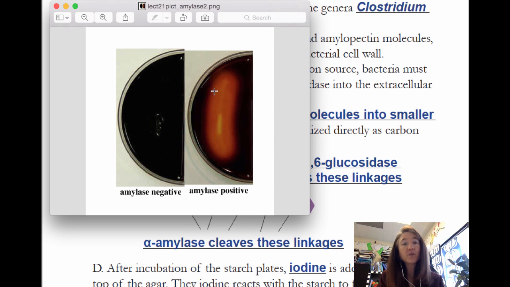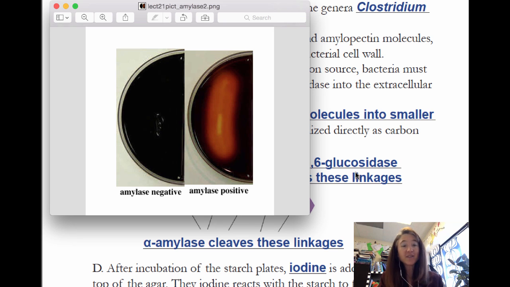And then either put your plate onto the overhead so that you can see the halo or hold it up to the light, and you'll begin to notice that if it's amylase positive, there's this beautiful light, almost yellowy brown halo that surrounds the bacteria where they have secreted the enzymes to break down the starches to bring in the sugars as the energy sources that they want.